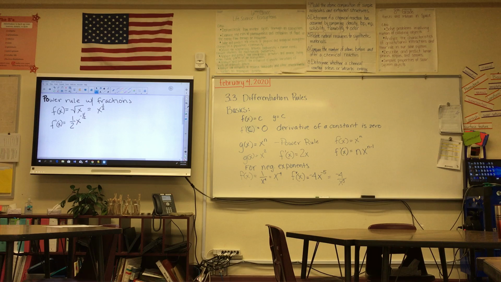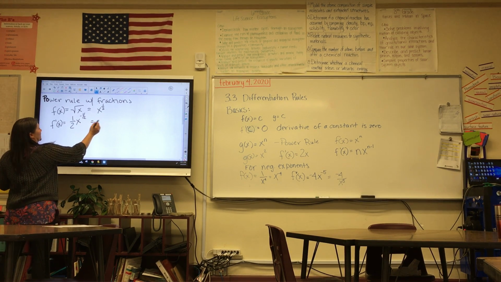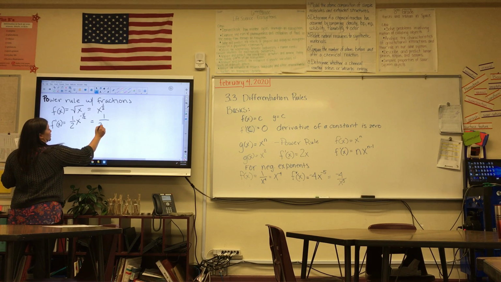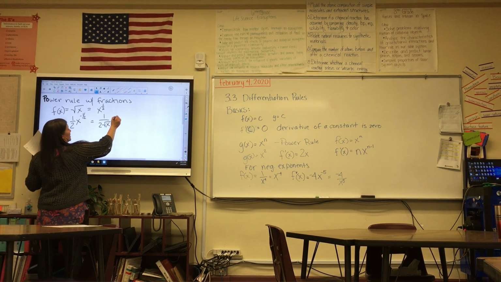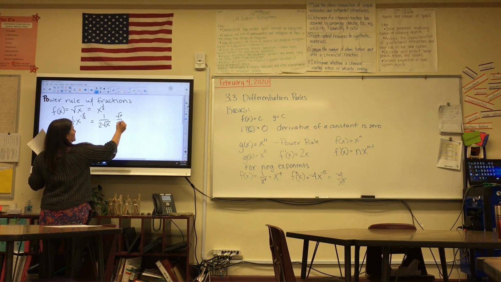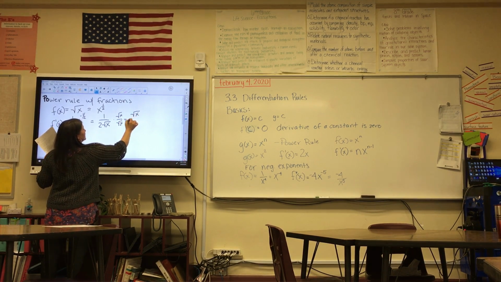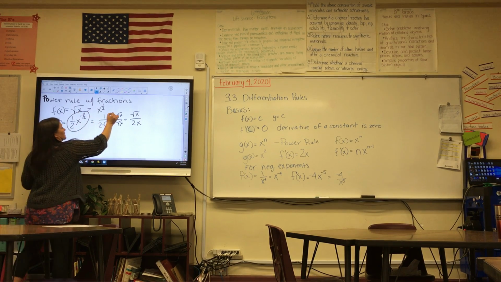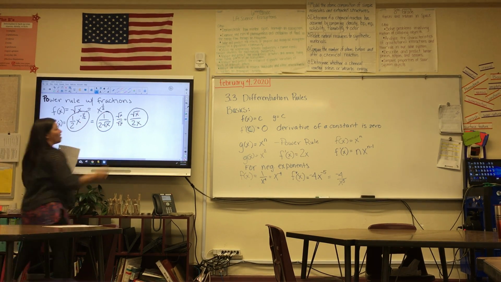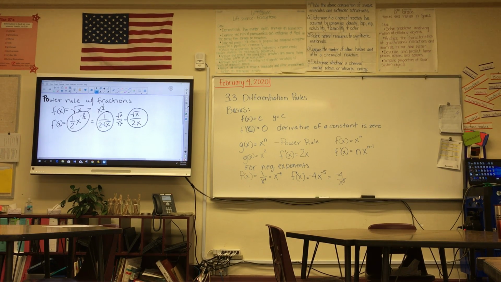If I wanted to write that as a fraction, that would be 1 over 2 times the square root of x. If I wanted to rationalize that, I would multiply by the square root of x over the square root of x, which gives the square root of x over 2x. Just recognizing that these are all the same expression. So the power rule works for regular powers, negative powers, and fractional powers. Great.